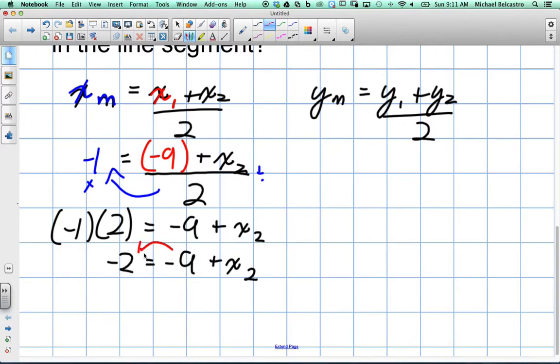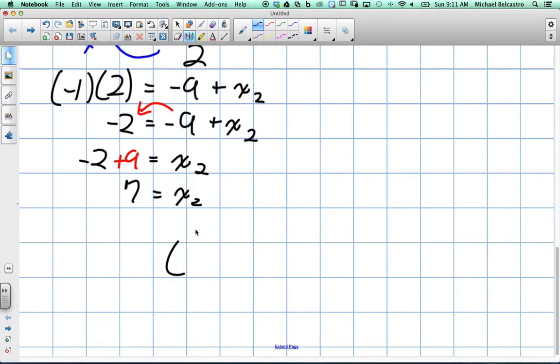When we do that, because it's a negative, we'll be adding 9 on both sides, essentially creating a 0. So we get -2 plus 9, okay, is equal to our other endpoint's x value, which means our other endpoint's x value is 7. So when we go to write the coordinate for our other endpoint, our x2 will be 7, and our y2 is something we still have to figure out.